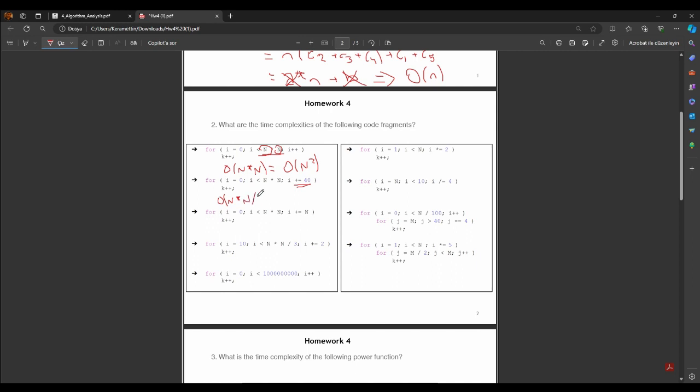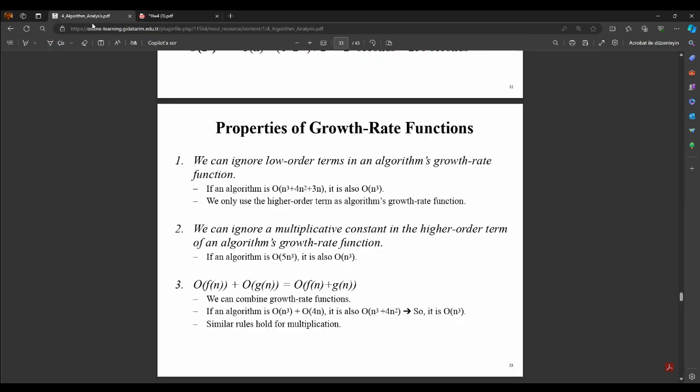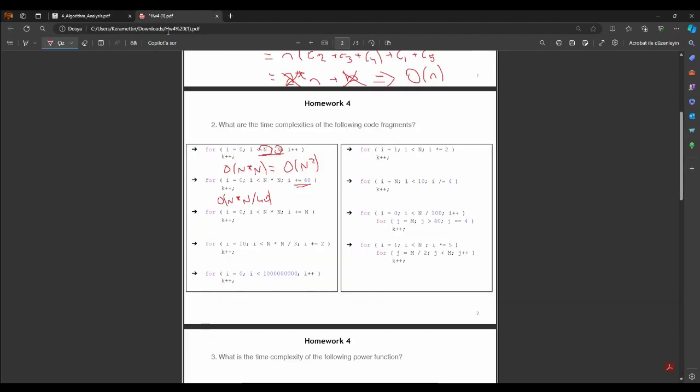And we will divide by 40, and as you see here, we see a multiplicative constant, and we can ignore the lower order terms here. You can see that we ignore these two items here, and it makes our algorithm easier, and it will also equal n squared.